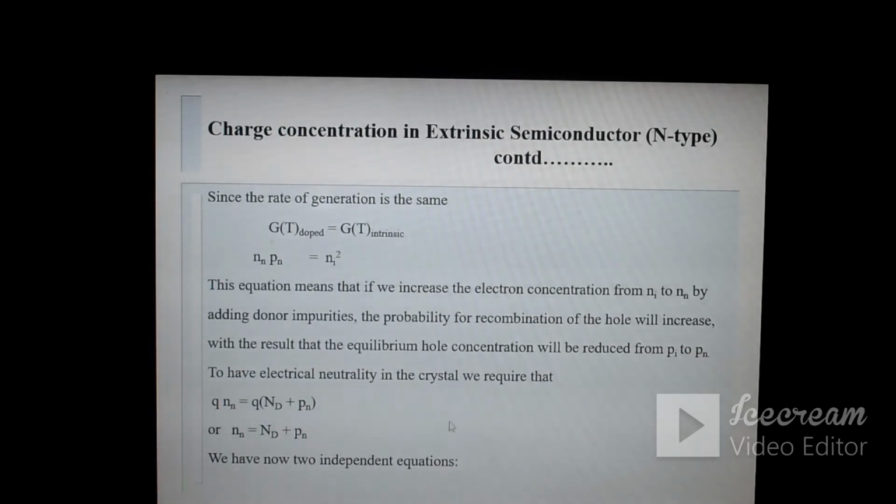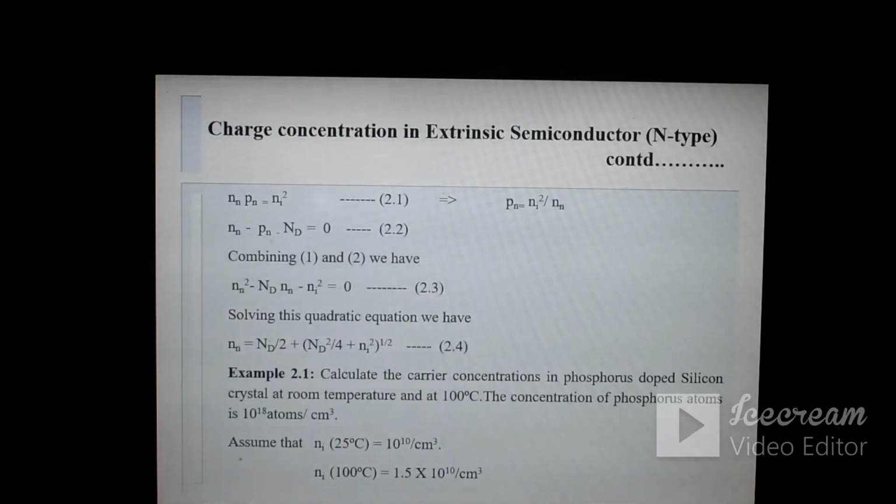So we have now two independent equations. One is nn pn equal to ni square, and the other is nn minus pn minus Nd equal to 0. Now combining equations 2.1 and 2.2, we have nn square minus Nd nn minus ni square equal to 0.